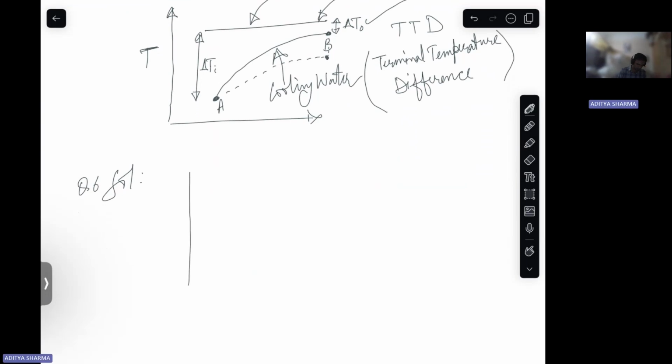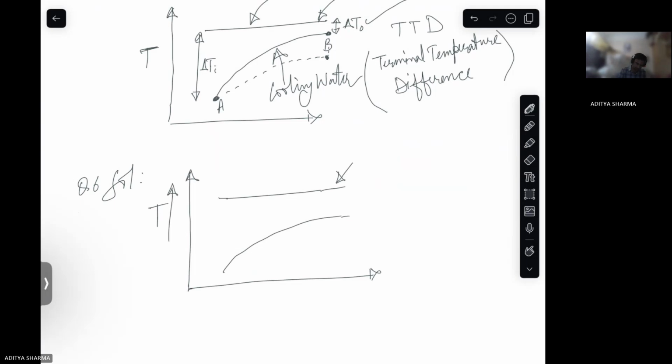So here, this is 46 degrees Celsius. Here it is 32 degrees Celsius.